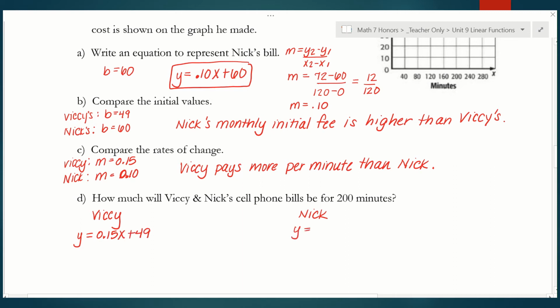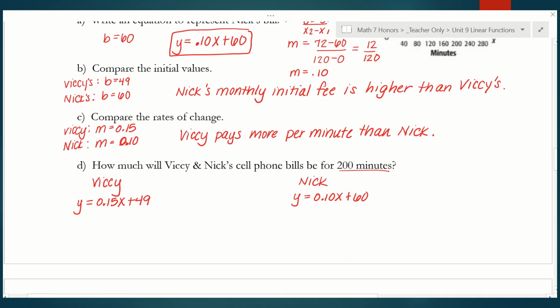Nick's we figured out, 0.10x plus 60. So minutes in this situation is x. So I'm going to plug in 200 for x in both of these equations, and that's going to tell me what the total cost is. So do that as my next step. In both equations, I'm replacing x with 200.